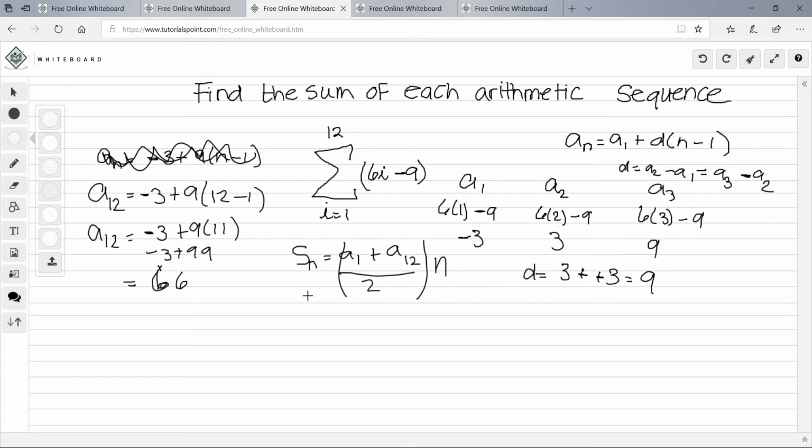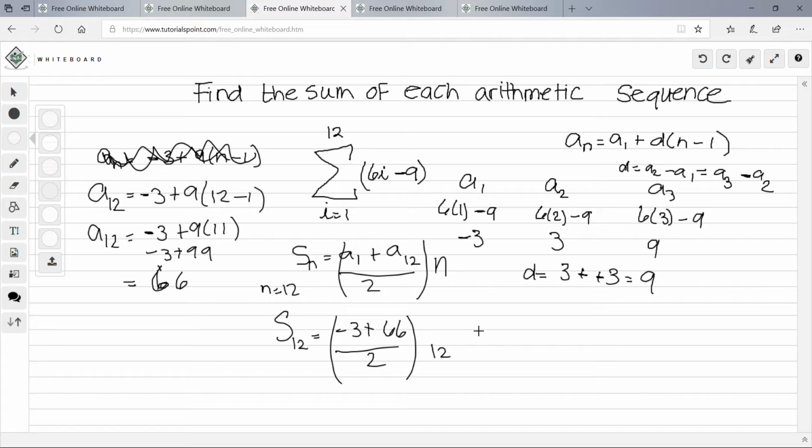It says find the sum, so I have to find S12, that's our last term. We're going to use n equals 12 for this one. So the first term is negative 3, and the 12th term from here is 96, divided by 2, and times 12.